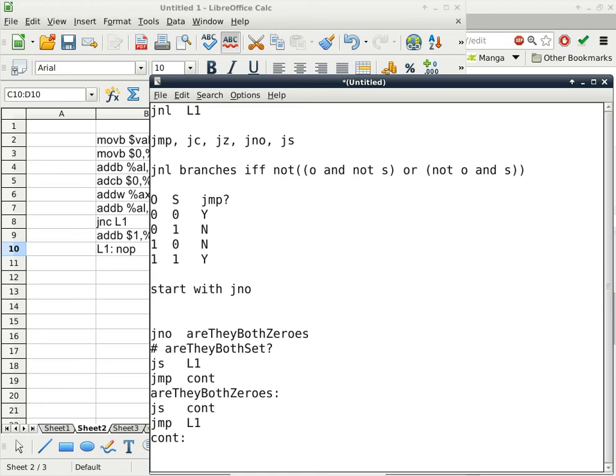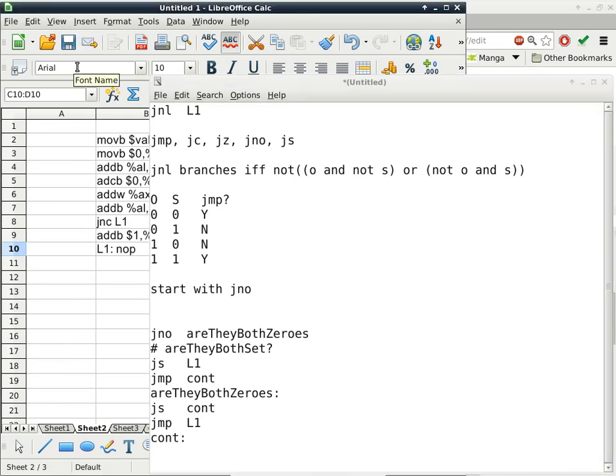Two, do you understand how to use the conditional branch instruction? And three, can you put everything together? Because you might understand each individual item, but can you combine all of these so that together they implement the JNL instruction? So that's question number 2, and we are moving on to the first one.